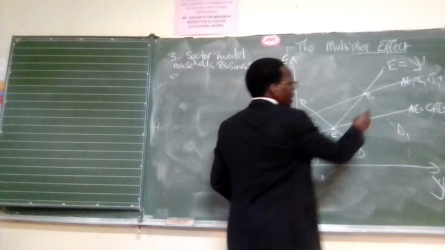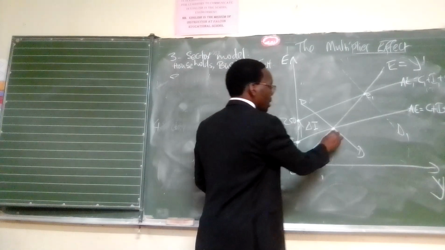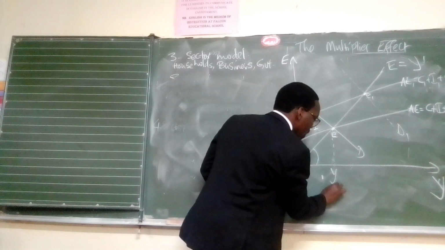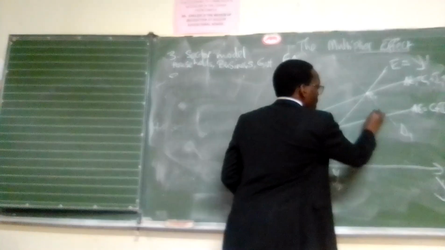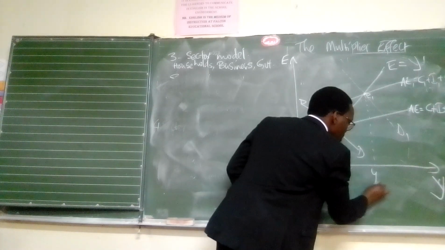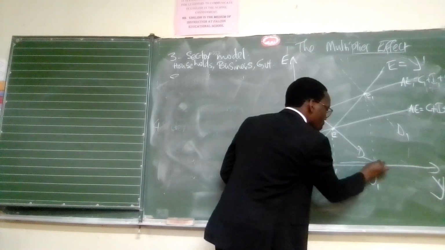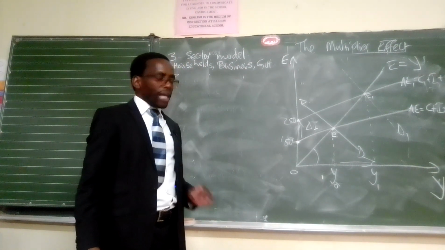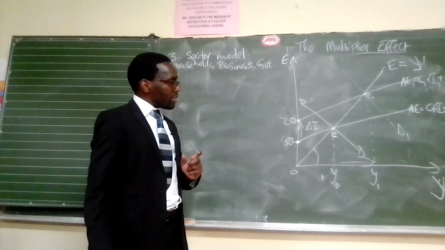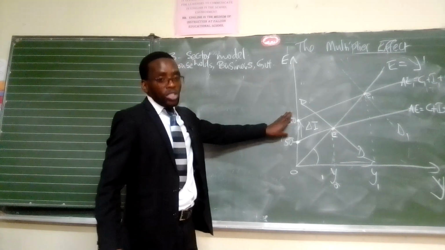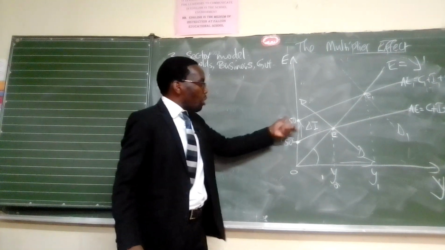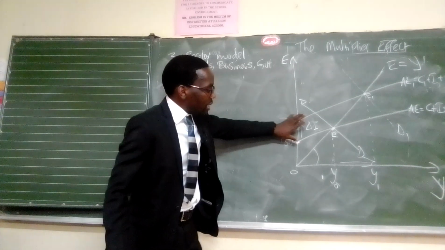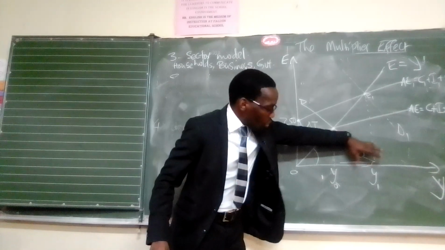Now, let's look at this equilibrium and that equilibrium. You are going to see that our national income at first was Y0, and now our new national income is going to be Y1. There's going to be this increase here. Now, where is the value of the multiplier? This graph here illustrates the multiplier because this gap here is the only change that we had, but let's look at the change that it has caused on national income.